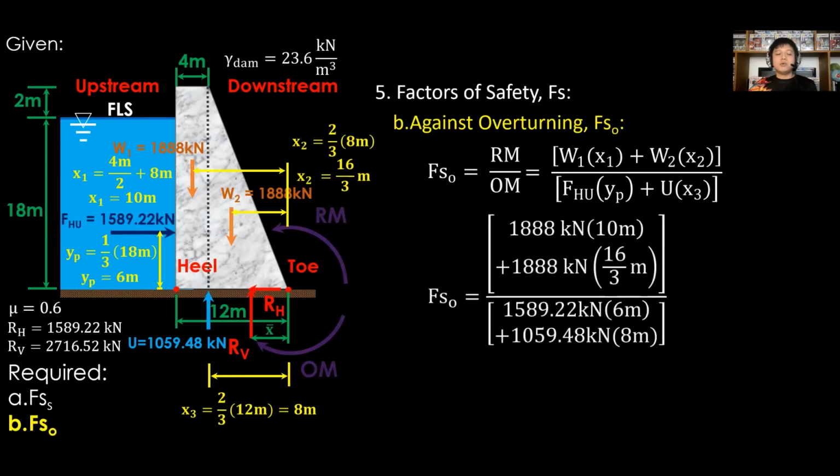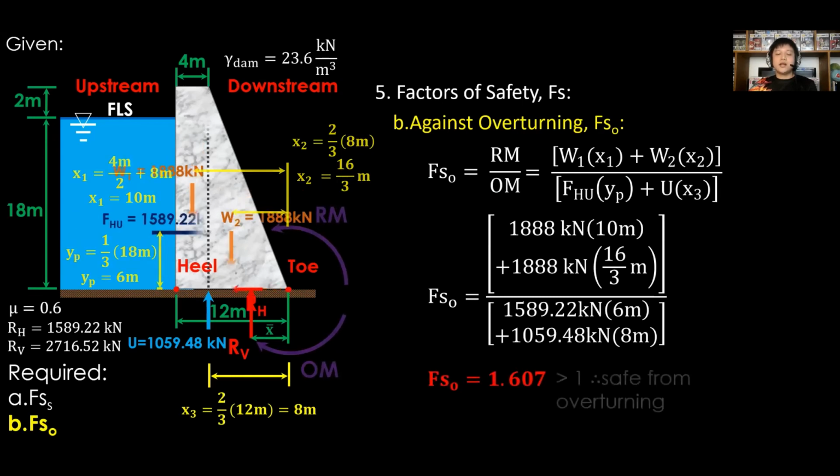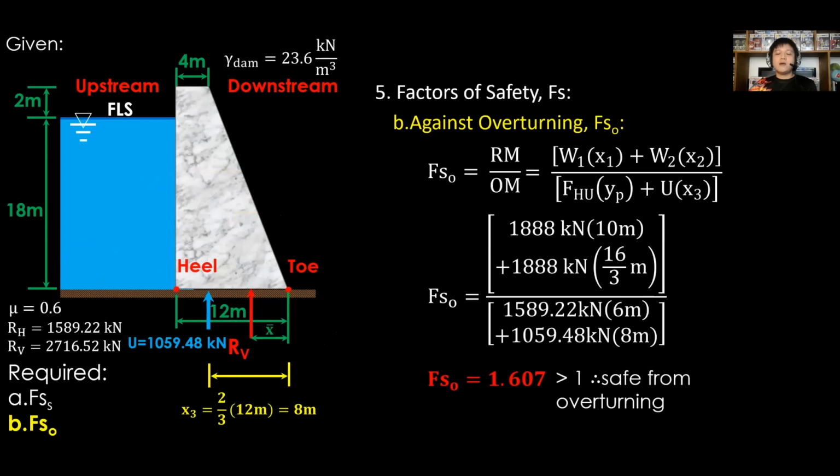Then, substitute W1 and W2 as 1,888 kilonewtons, X1 as 10 meters, X2 as 16 over 3 meters, FHU as 1,589.22 kilonewtons, YP as 6 meters, U as 1,059.48 kilonewtons, and X3 as 8 meters. Therefore, Fs sub O is 1.607. Greater than 1 means safe from overturning, even though it is below the conservative value, which is 2.